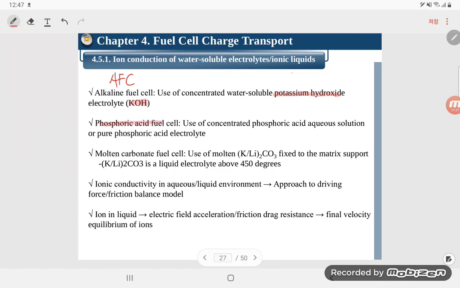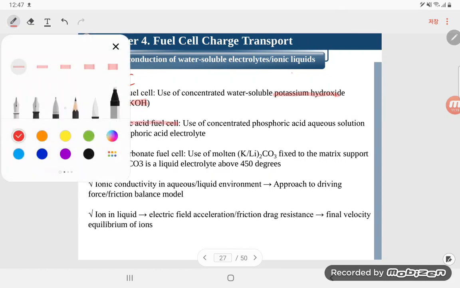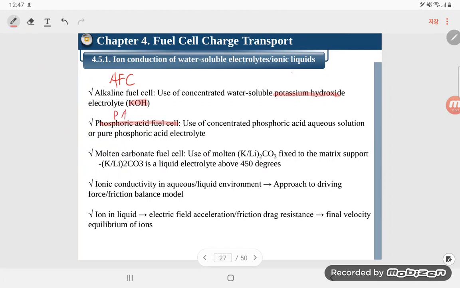And for the phosphoric acid fuel cell, PAFC, in this fuel cell we use concentrated phosphoric acid, H3PO4, so this is the charged ion which moves from the anode to the cathode.